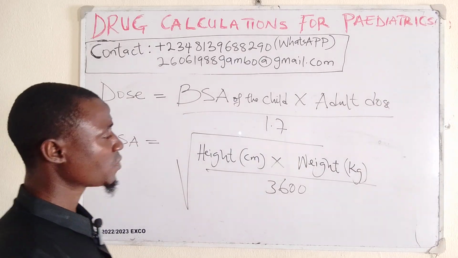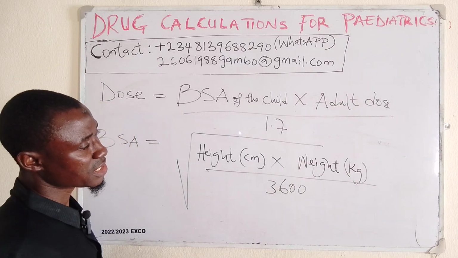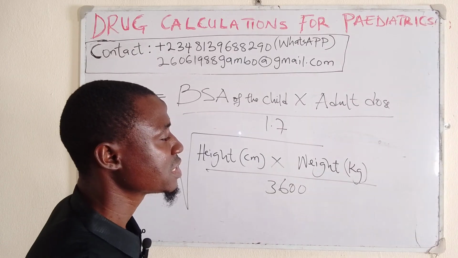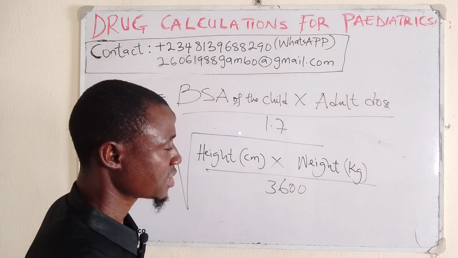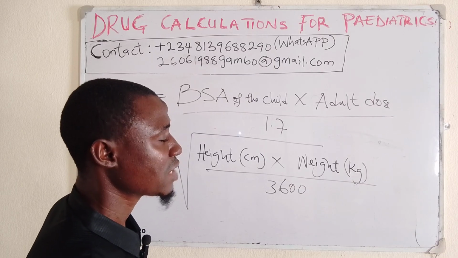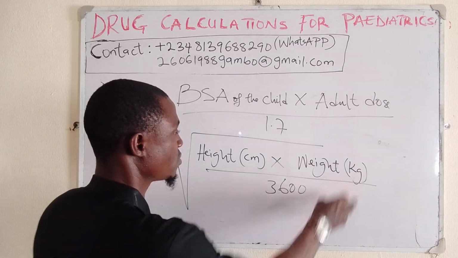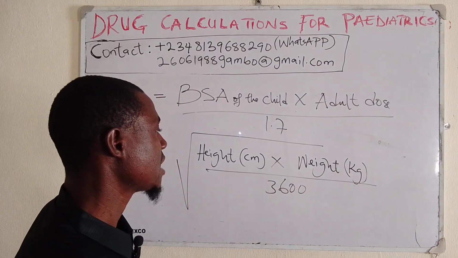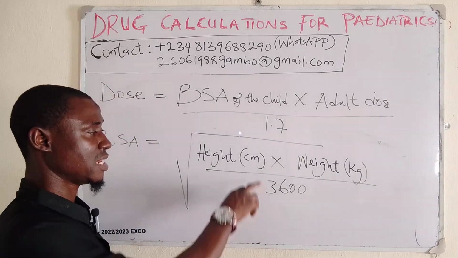Now, this particular equation suits our setting because the units available here are the units for most of our instruments. Our weight is usually calibrated in kg, and of course it gives values in kg. So this suits our setting. Our heights are usually measured in centimeters, with few exceptions where we have them in meters.